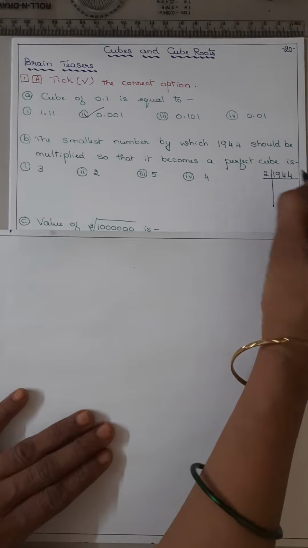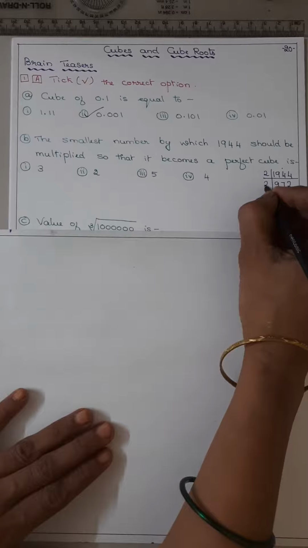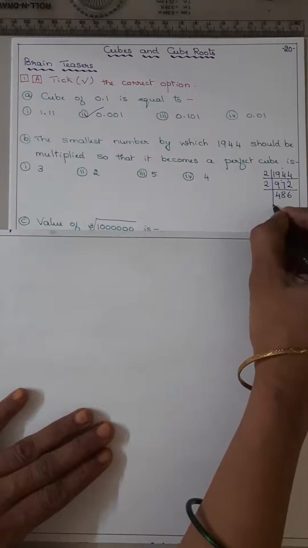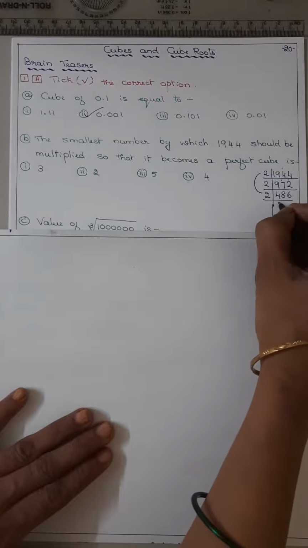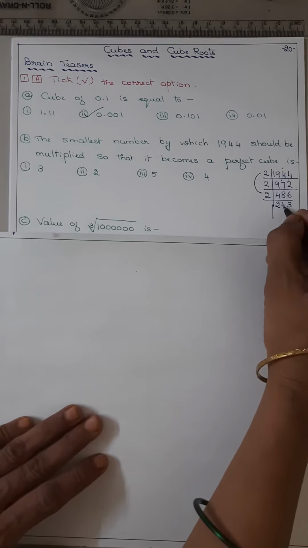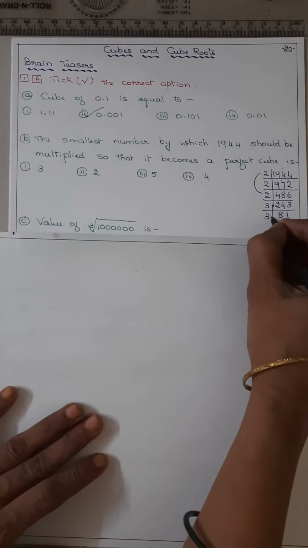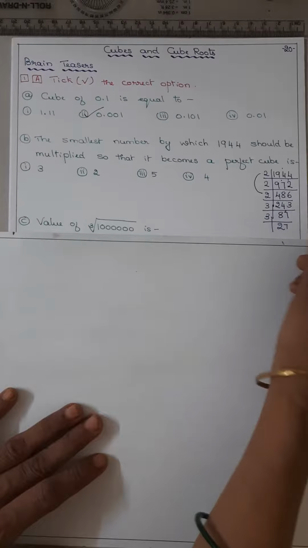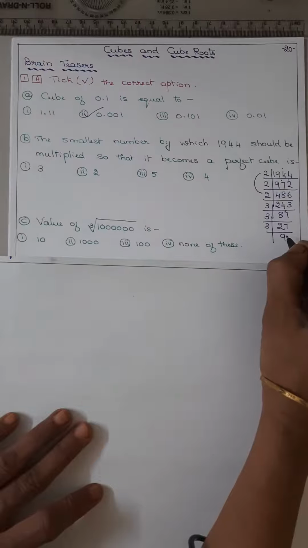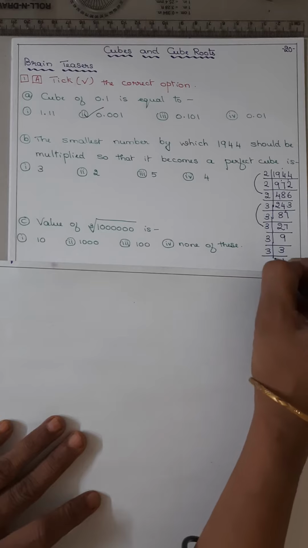So 1944, 2 9s are 18, 1 remains, 7s are 14, 2s are 4, 2 4s are 8, 1 remains, 8s are 16, 1 remains, 6s are 12, 2, 2s are 4, 4s are 8, 3s are 6. 8s are 24, 3 2s are 6, 7s are 21, 9s are 27, 3, 3s are 3.